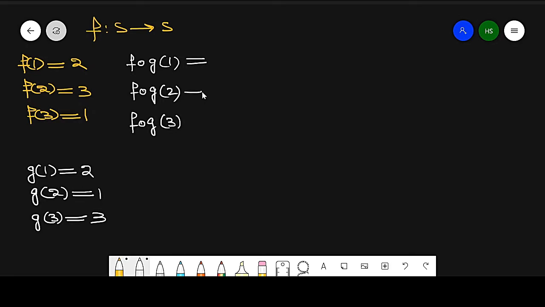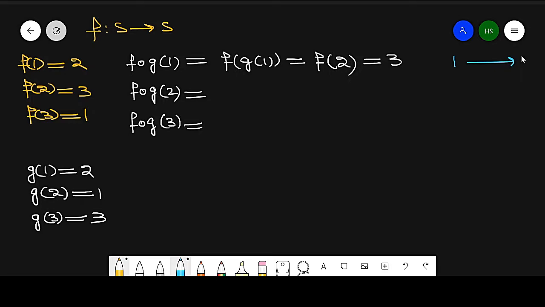So F of G of 1 is equal to F of 2, and F of 2 is equal to 3, right? So 1 goes to 3 under the map F of G.